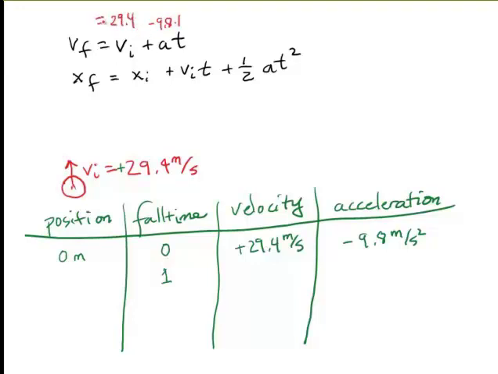So we're going to have a final velocity. That's 29.4 minus 9.8 times 1, which is just minus 9.8. And so that turns out to be 24.5 meters per second. So we'll put that in right here.